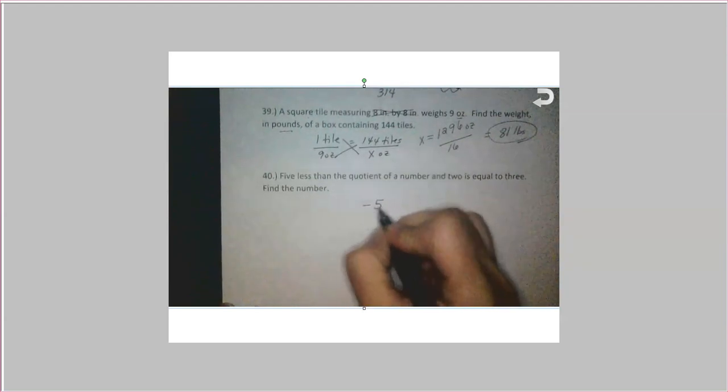And last problem, number 45: 5 less than the quotient of a number and 2 is equal to 3. Find that number. Be careful when a problem involves subtraction because the order that you subtract is really important. This says 5 less, so it means that I am taking 5 away from something.